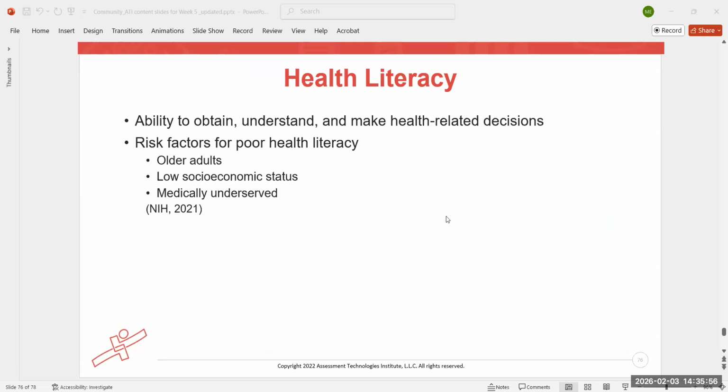We do not want to assume just because you're working with an individual of either of those points that they're going to have impaired literacy, but know that the risk is higher. You want to assess health literacy on all patients. You want to use simple terms, layman's terms, teach back method, understand how they learn, bring in a support person, extra ears, extra eyes to help with the process.